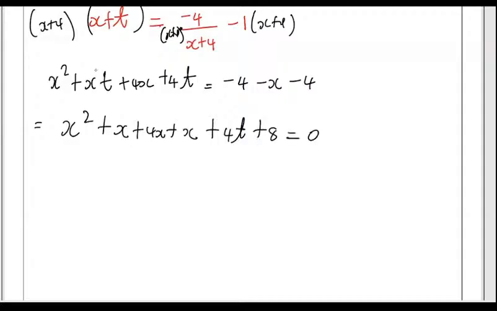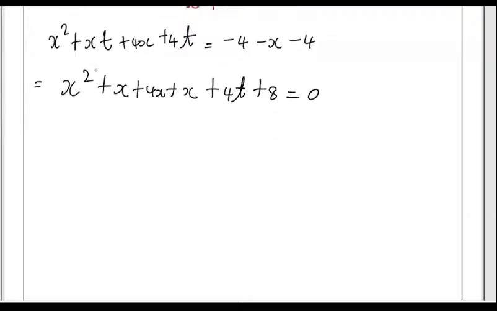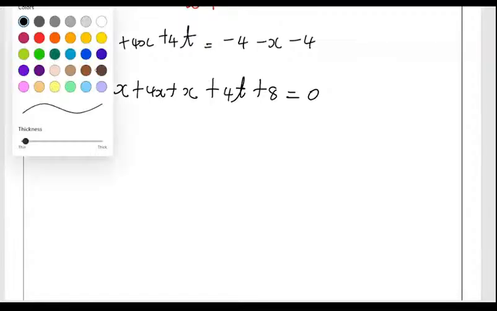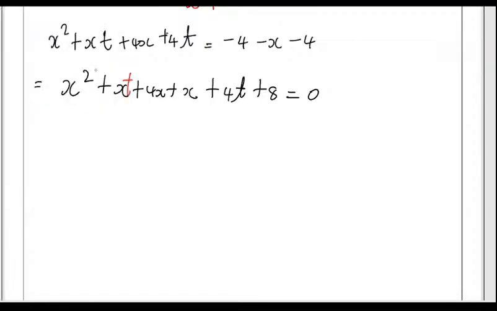Everything seems to be positive. Let's see what is short here. This is xt. I don't know why I'm just writing x. So xt plus 4x plus x. All right, so it's x squared plus 5x, and then this is xt, meaning that's x into 5 plus t.